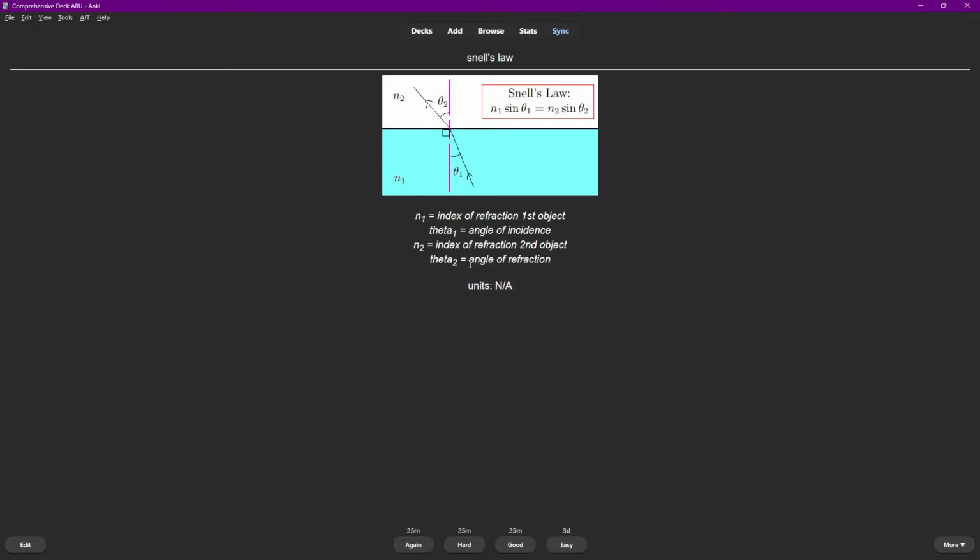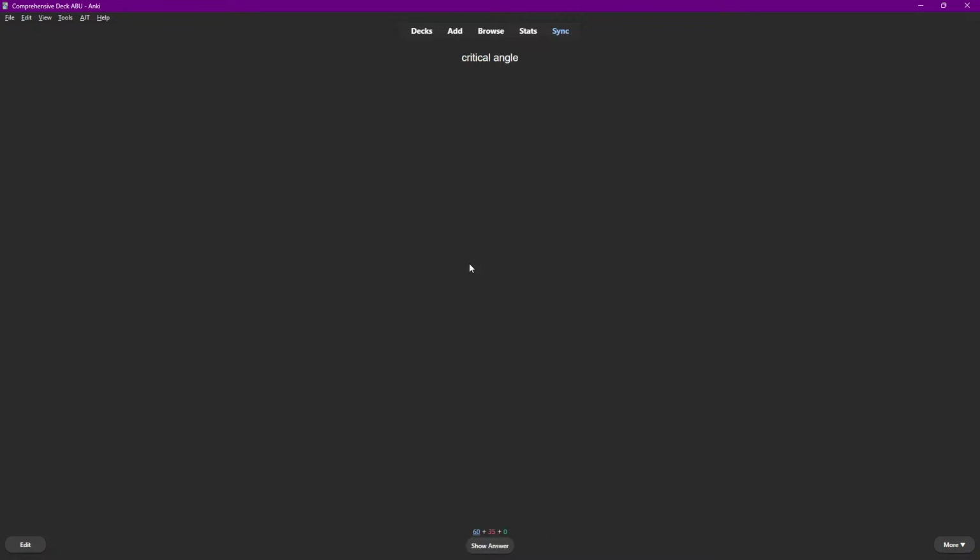Snell's law, I already said that one earlier accidentally. Critical angle. Critical angle is equal to, you set one of them equal to sine of 90, so the sine inverse of n2 over n1.